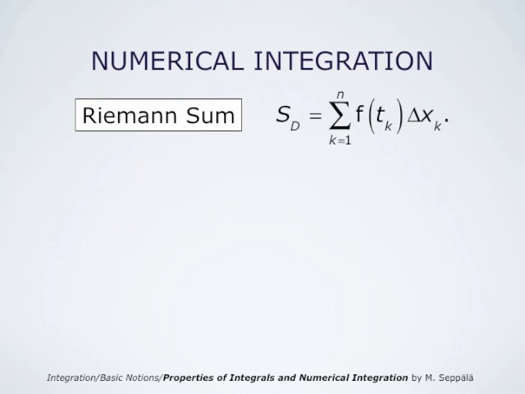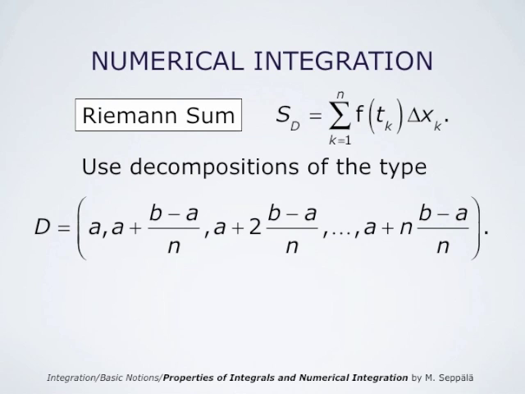Now we may use a decomposition in which every subinterval has the same length and in which there are n subintervals. So we would decompose the interval from a to b into subintervals, where the first one would be from a to a plus (b minus a) divided by n, and then the next one would be from a plus (b minus a) divided by n to a plus 2 times (b minus a) divided by n, and so forth.